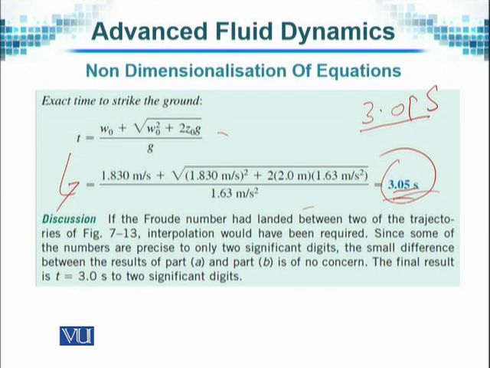The final result is approximately 3 seconds to two significant digits, if we ignore the decimals. So you can see the extrapolation also gives us a pretty accurate result. That is the conclusion from this simple example, and non-dimensionalization of crucial parameters is also seen to be helpful in this process.